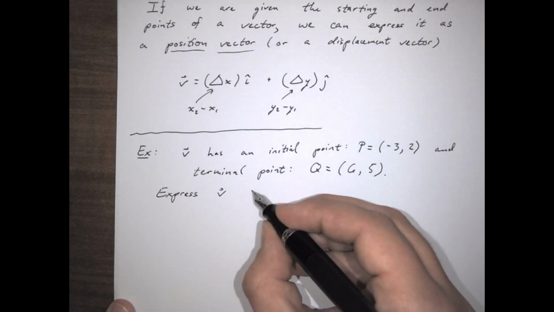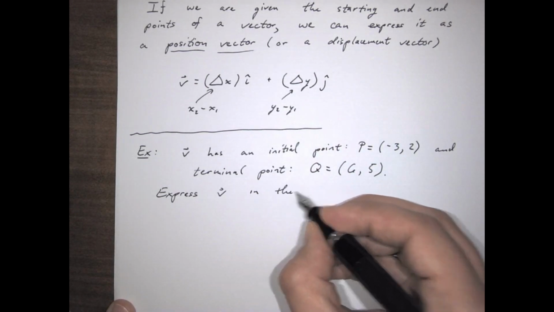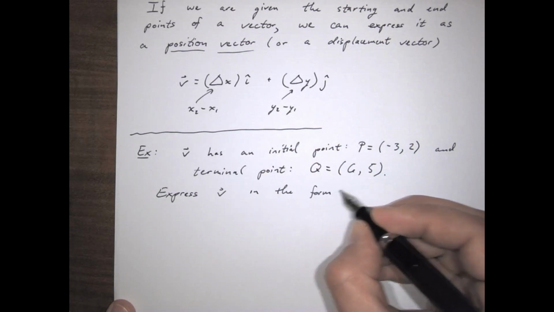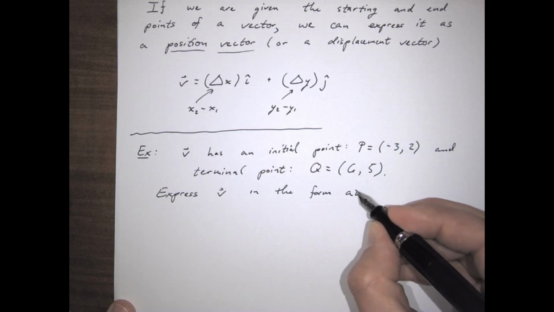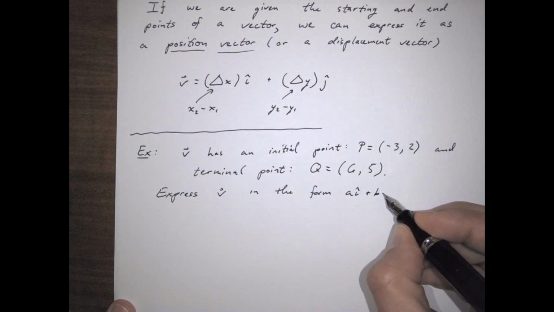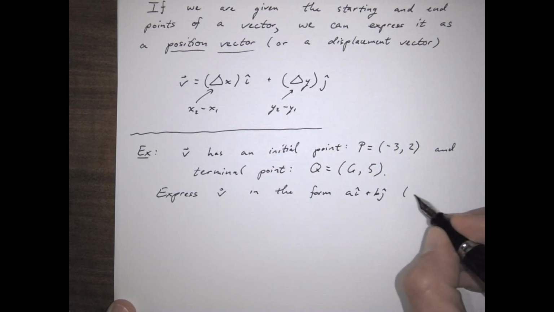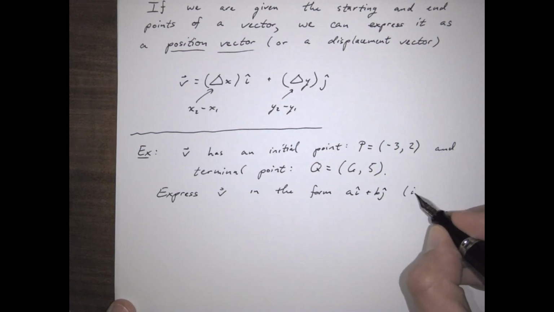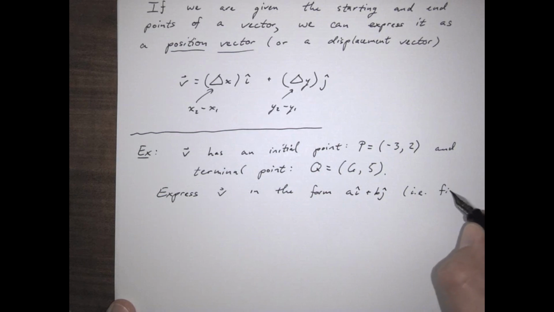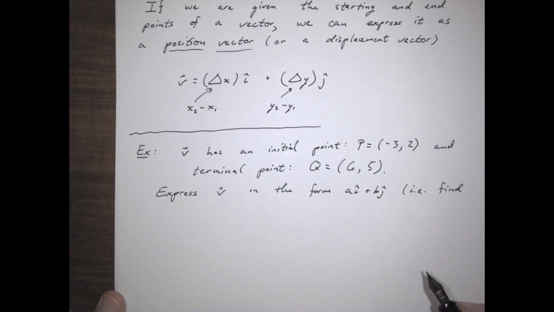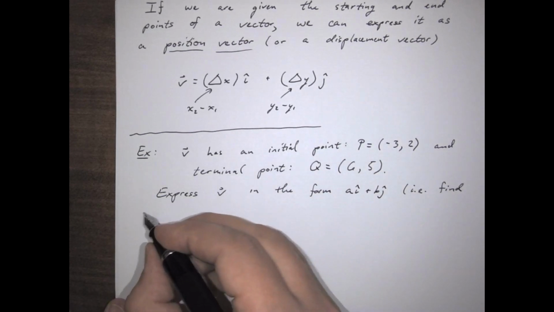Express v in the form ai plus bj, i.e., find its position vector.